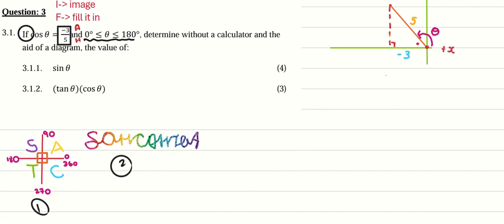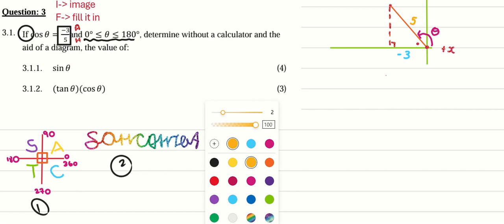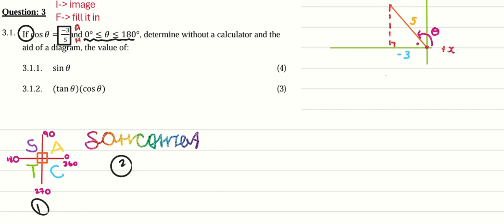We only filled this in partially, so we need to go work out this unknown side using Pythagoras, and I think we should do this in a pinkish tone. So this y value here that is unknown, we can say y squared is going to be 5 squared minus the negative 3 squared, and this is because of Pythagoras, right?